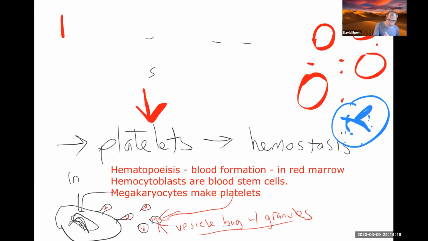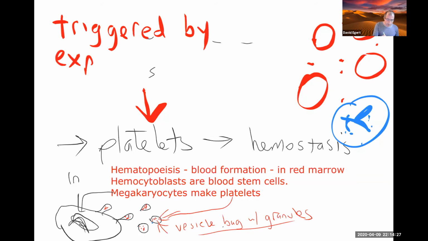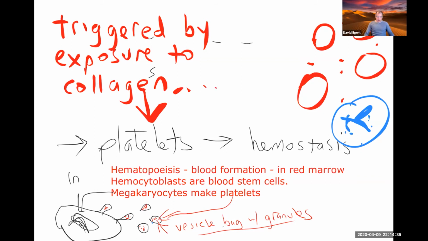So these basically are triggered by exposure to collagen. So if a blood vessel is intact, if a blood vessel has not been damaged, what is the only kind of tissue that the platelet should see?